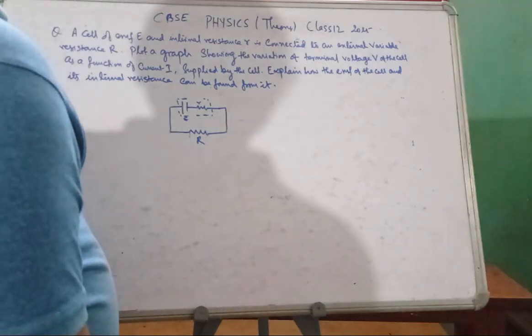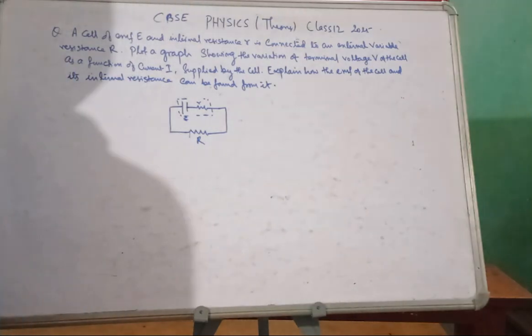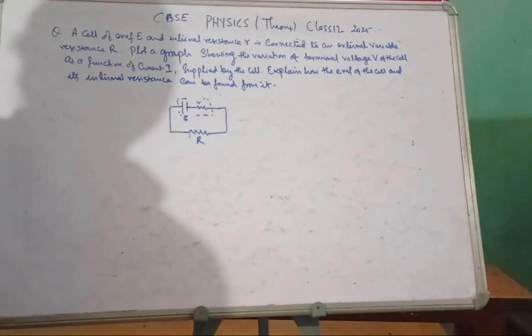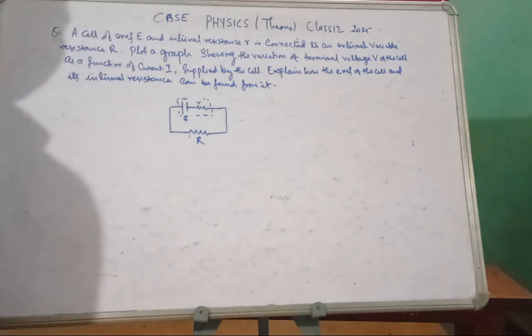Plot a graph showing the variation of terminal voltage V of the cell as a function of current I supplied by the cell. Explain how the EMF of the cell and its internal resistance can be found.